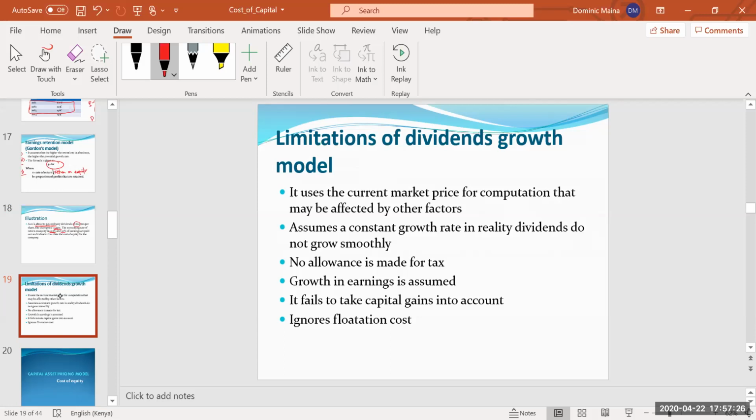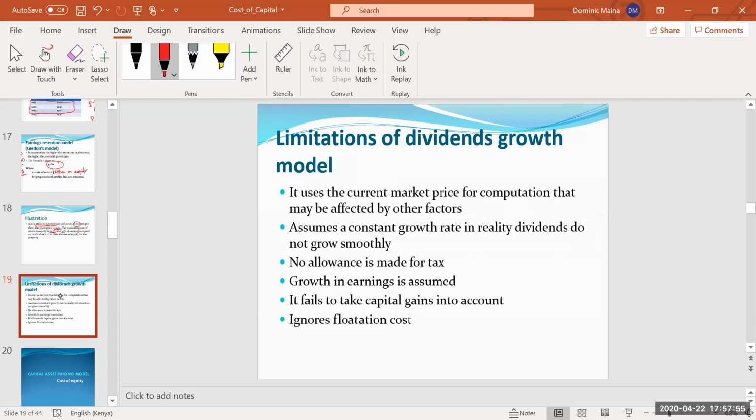It assumes a constant growth in dividends. In reality, they don't have a constant growth in dividend. The model assumes it will be 10% forever, so the G is not always going to be constant. There are years where the company might pay more dividends because they have made more earnings. There are years where the company will not pay the dividend, maybe because they have more investment they want to make and they want to retain as much as possible.